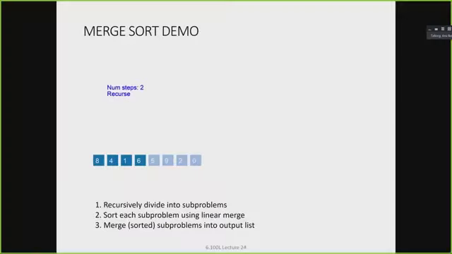So here's my original list. I'm splitting the left-hand side to try to figure out how to merge all the way down to those left lists. So the 8 and the 4 will be compared, and the 4 goes before the 8. And then I'm going to merge the 1 and the 6 by themselves. Those are already sorted, as we know.